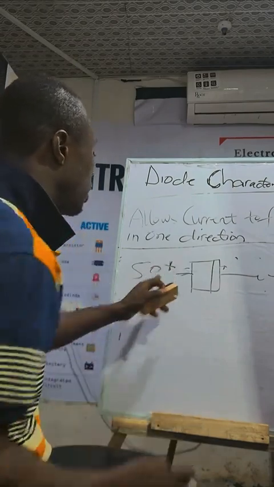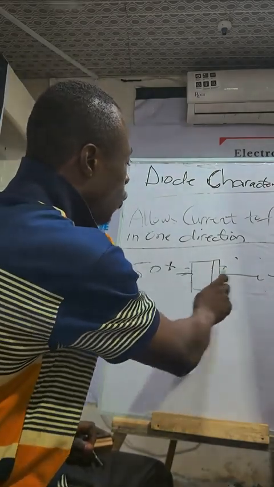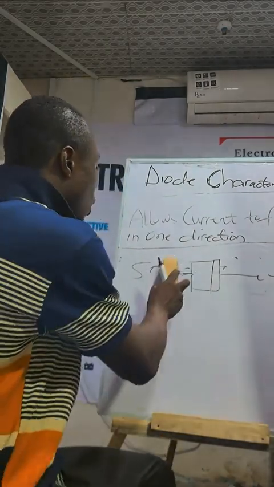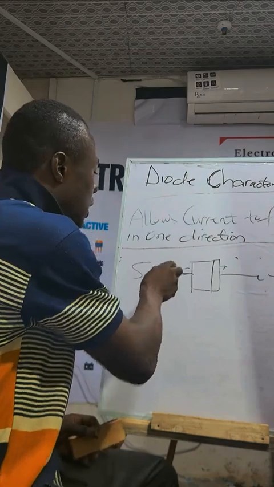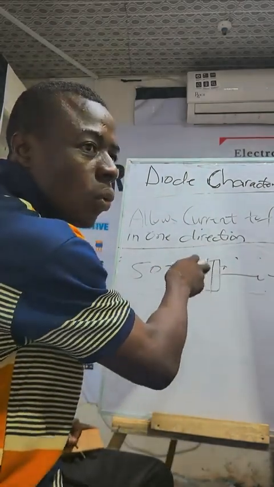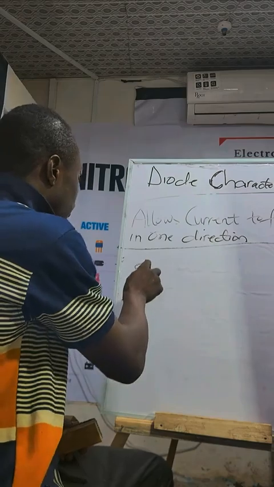I'm using 50 volts to pass through the negative side of the diode. The power will flow. So the diode will allow the current to flow. But when I use negative voltage to pass through the negative side of the diode, now the current will not flow. So imagine me having a circuit like this.